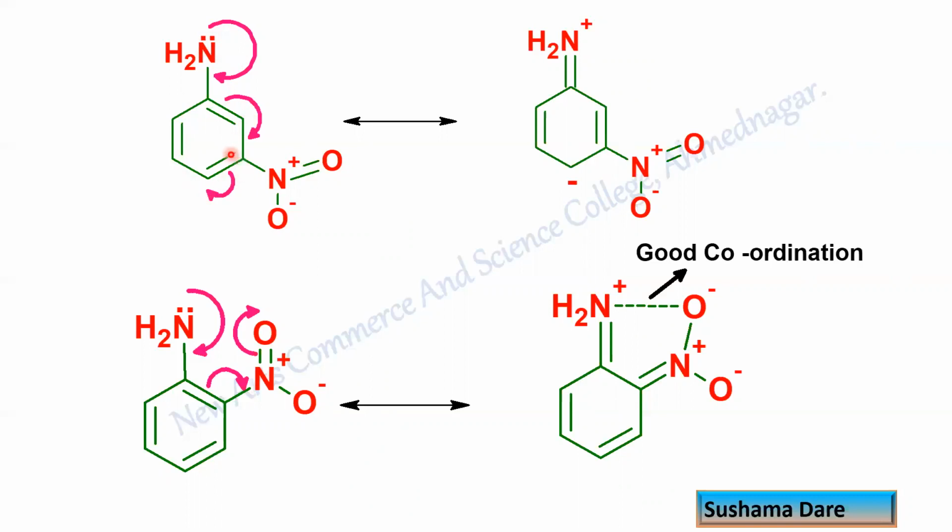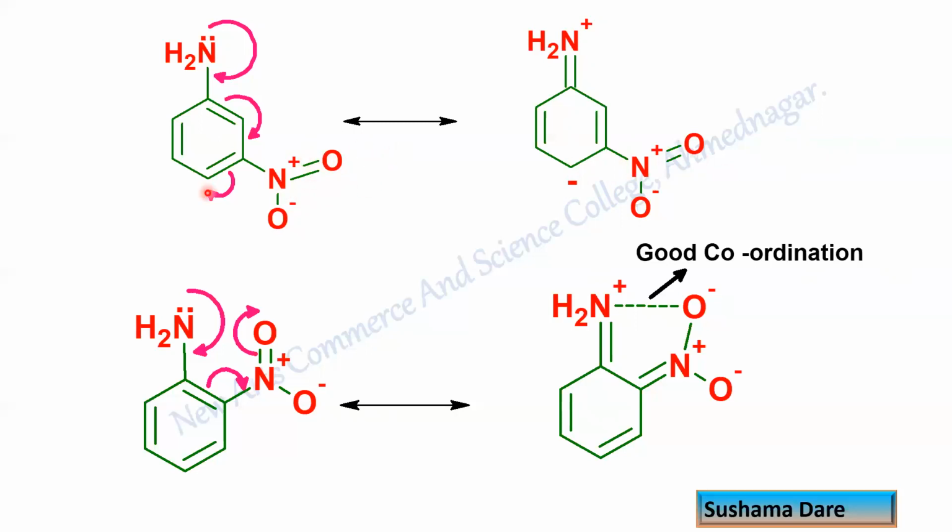So as compared to the previous resonance effect, this resonance effect is less powerful. The reason is that here carbon carries the negative charge, while in the previous structure, oxygen bears a negative charge. As we know, carbon is less electronegative than oxygen, therefore this resonance effect is less powerful.